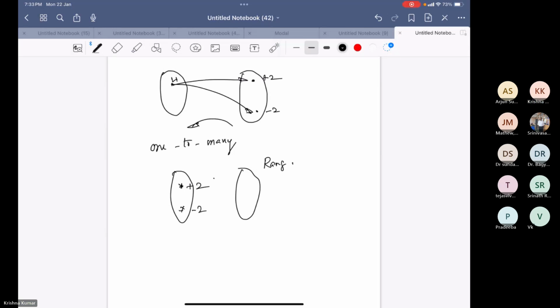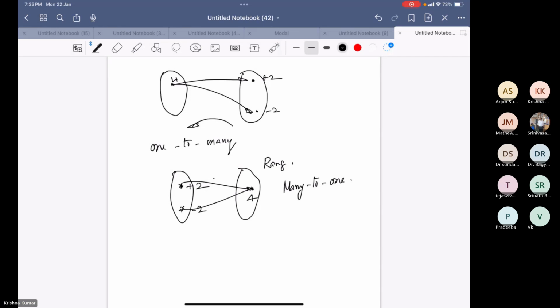Then plus and minus 2, both of them, a square function would take me to one value, 4. Whether it is plus 2, I'll get 4, minus 2, I'll get 4. So this is another type where we say many to 1.